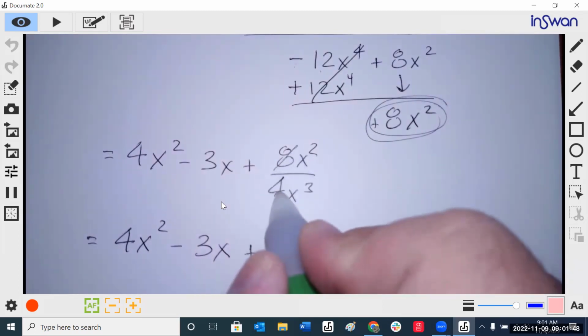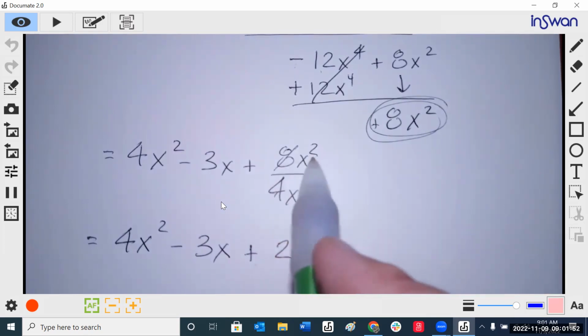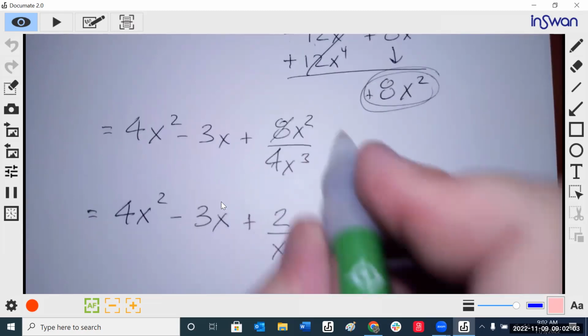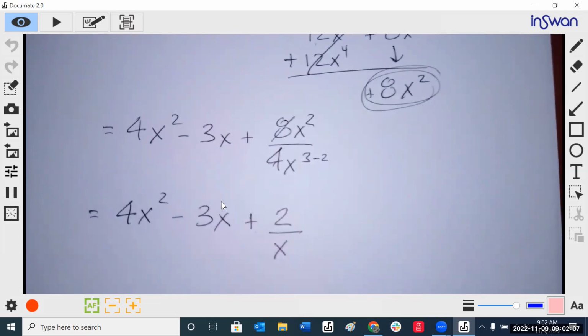Eight divided by 4 is what? 2. You have 2 x's on top and 3 on the bottom. So where are there more x's? How many more? Yeah. So what you do there is you subtract 2 from that. So there's 1 left. So there's your answer.